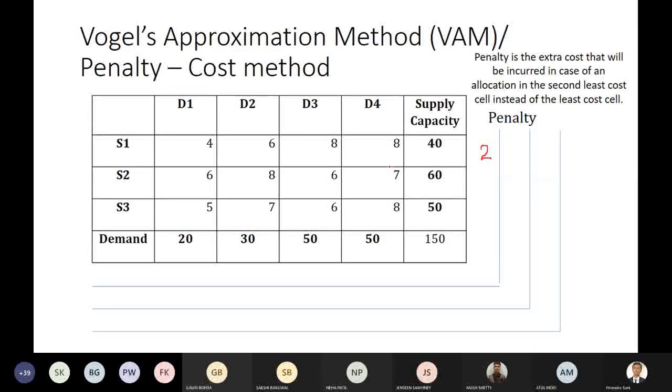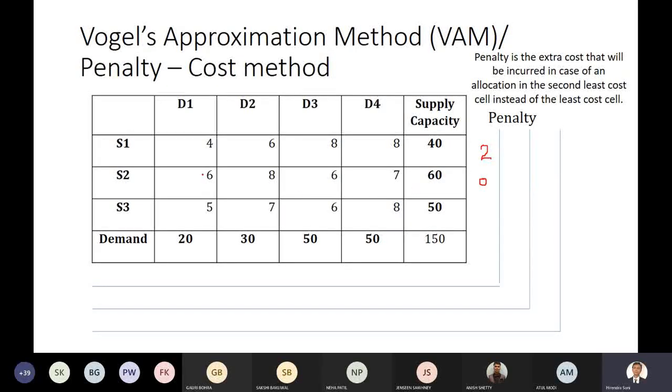Now let us look at the second row. Least cost is 6. Here also 6. If I'm unable to make an allocation in this, then I will be making an allocation here. So in this particular case, the penalty is 6 minus 6, that is 0, because I have an alternate option available.